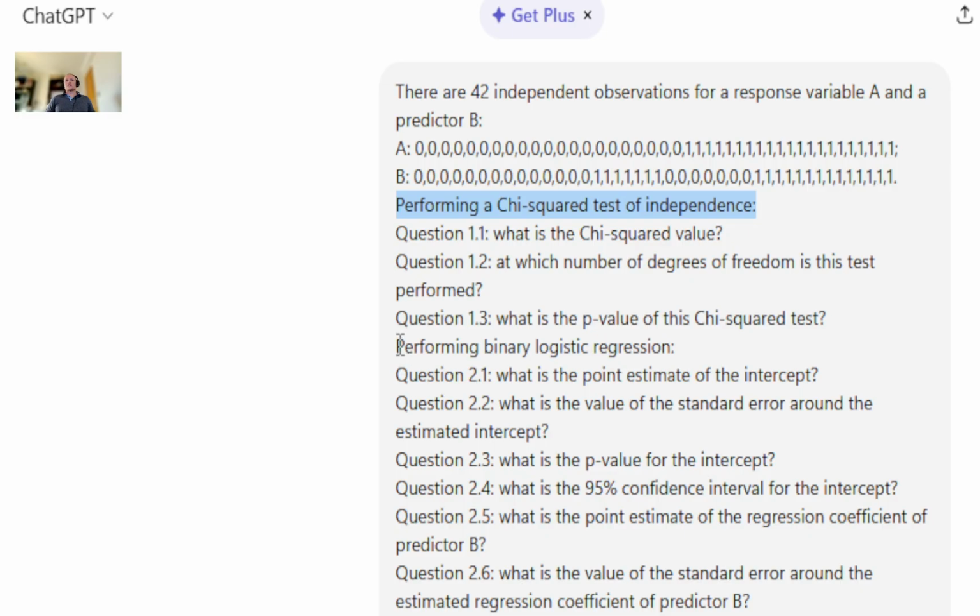Then next, a series of questions on the use of binary logistic regression, because we use A as the response variable and B as the predictor.